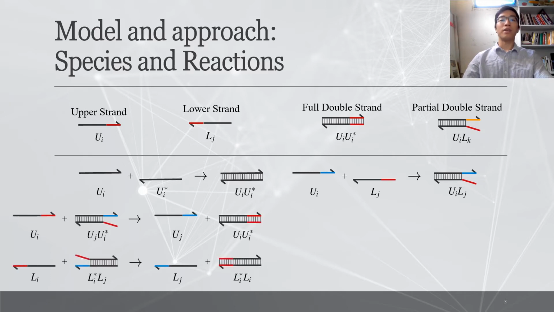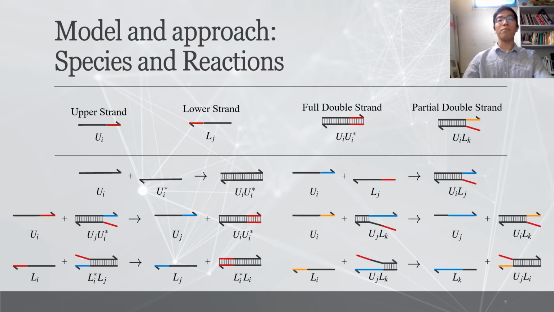A displacement reaction happens between a single strand, which can be upper or lower, and a partial double strand. In this type of reaction, the upper or lower strand displaces a strand to form a full complement, or an upper and lower strand is displaced by a stronger or longer partial double strand.